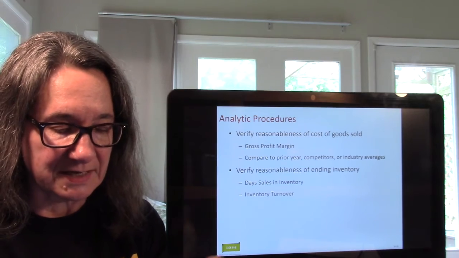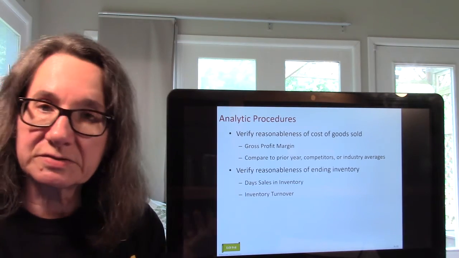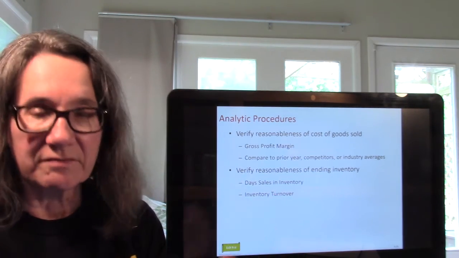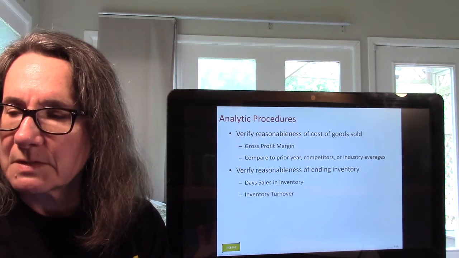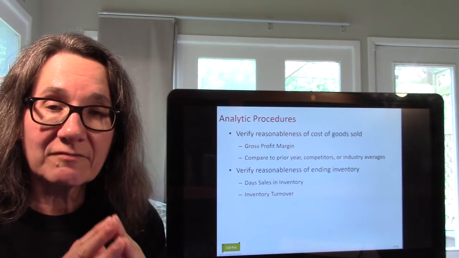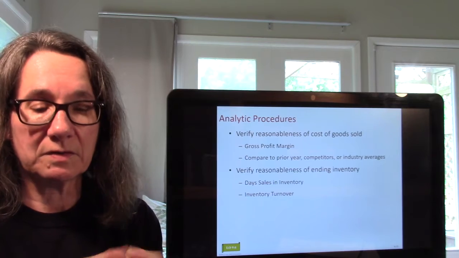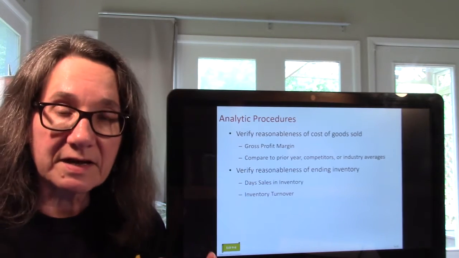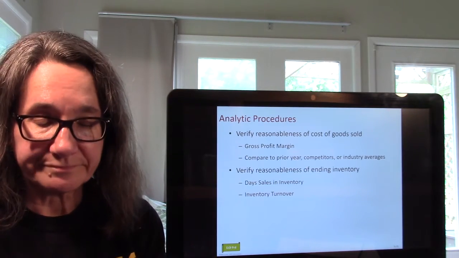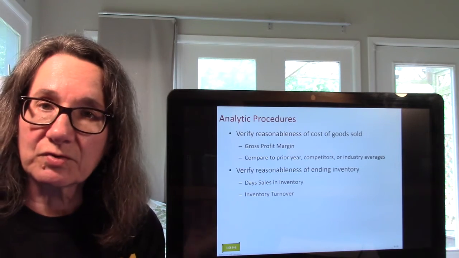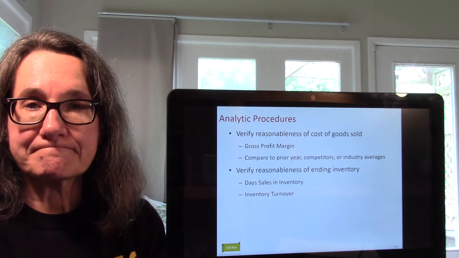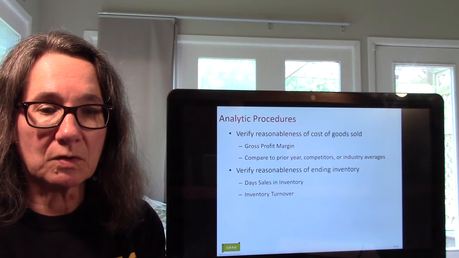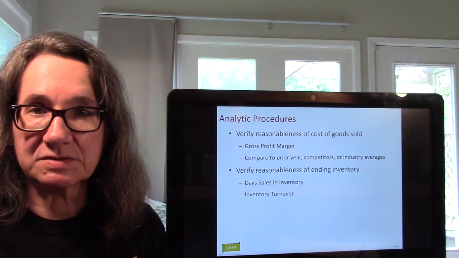Same thing with ending inventory. There are some ratios you can use: days' sales, inventory turnover. If they have very slow inventory turnover, or they've got a lot of days of sales in inventory, then inventory might be obsolete, or it might not be selling for some reason.